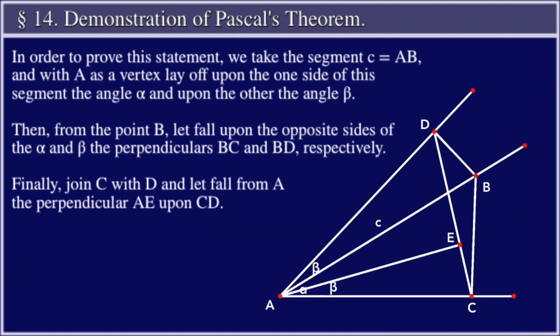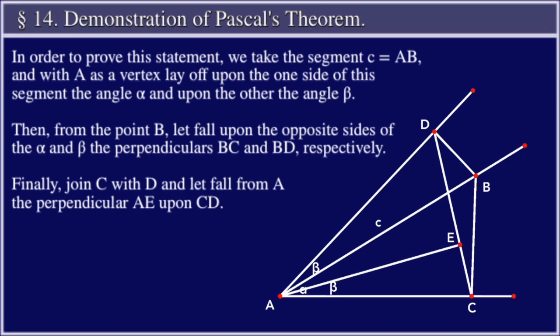In order to prove this statement, we take the segment C equals AB, and with A as a vertex lay off upon the one side of this segment the angle alpha, and upon the other the angle beta. Then, from the point B, let fall upon the opposite sides of the angles alpha and beta the perpendiculars BC and BD respectively.